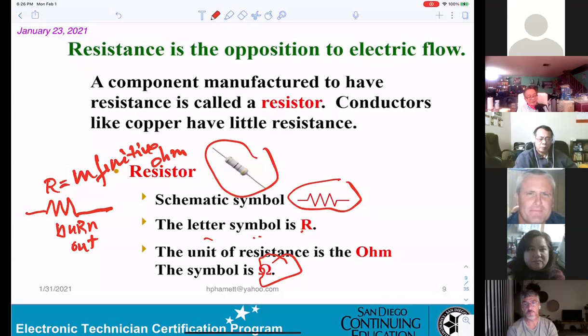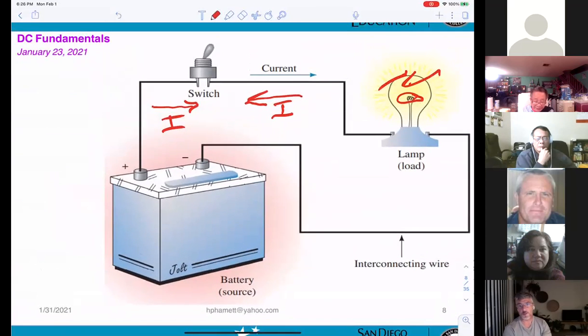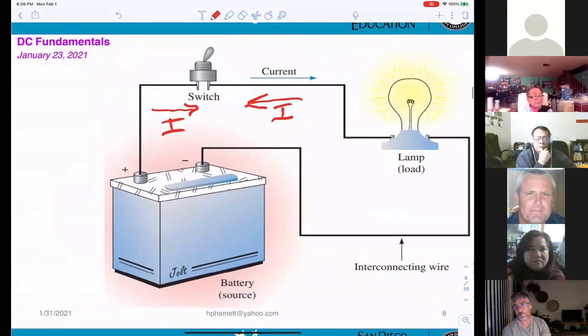I say when the resistance is burned out, if you measure the resistor, you get infinity ohms. That means very, very big resistance. For example, you see this is the light on your car. When you turn it on, the light is not on.